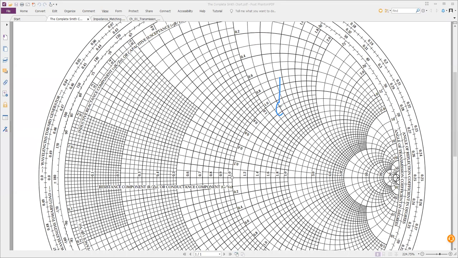If you look at this figure, that is a pitch of the transmission line. We have to consider it. That is wavelength towards generator, WTG.